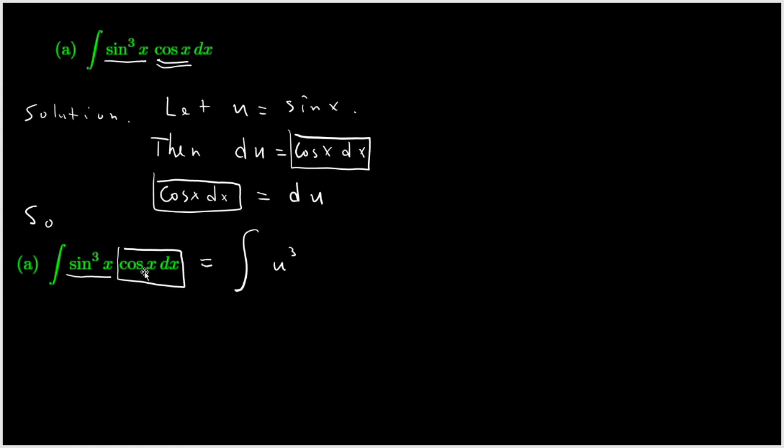If you treat cos of x times dx as a whole, then cos of x times dx can be replaced with du. So do you see what's going on? We are done with the substitution. Now the new integral is entirely in terms of u, right? At this point, all we need is to evaluate the new integral of u.